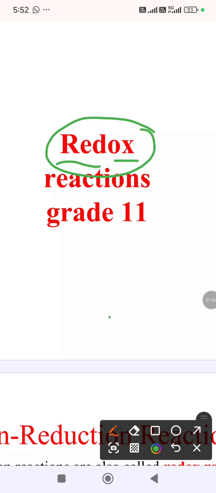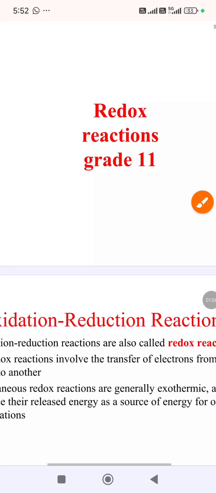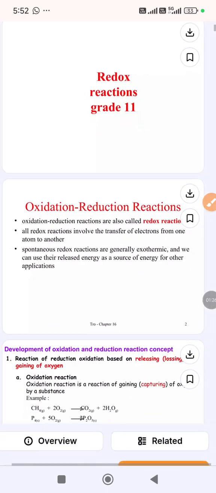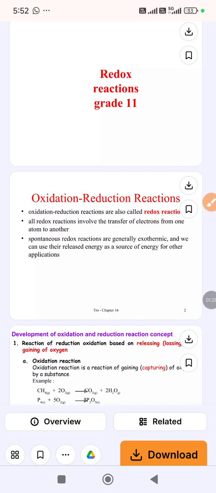Now, moving ahead towards the topic, let us understand what is oxidation and what is reduction separately. Oxidation reduction reactions are also called redox reactions. All redox reactions involve transfer of electrons from one atom to another atom.